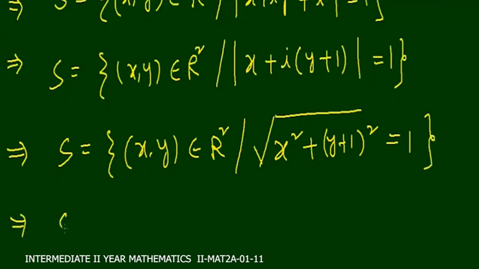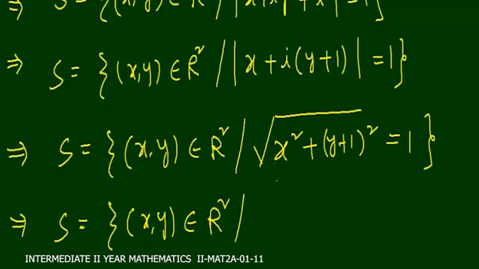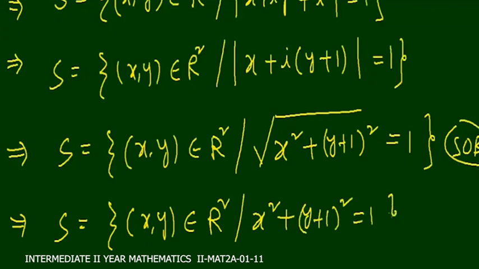And further, squaring both sides, the square root will get cancelled, x square plus y plus 1 whole square is equal to 1 square, which is 1.